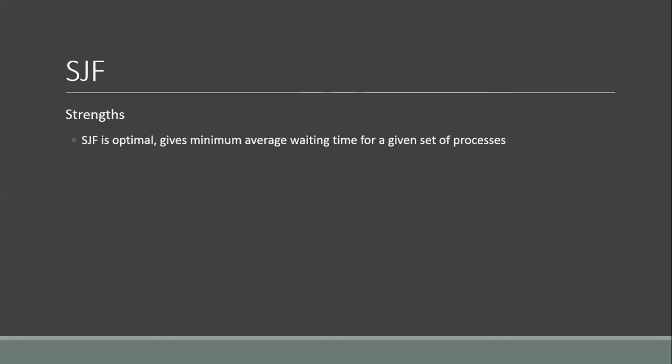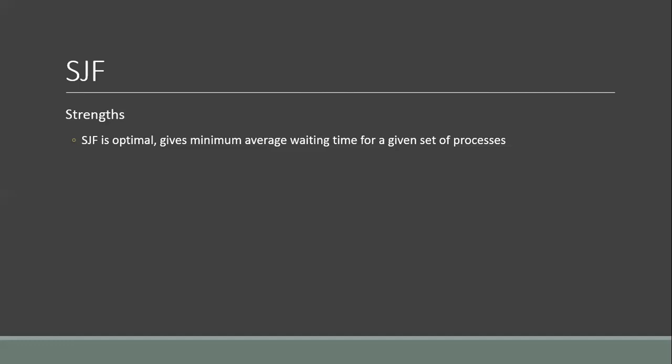In the last lecture, we discussed the FCFS policy, and we discussed that FCFS policy gives a waiting time that is not minimum, that is quite long. So as compared to that algorithm, SJF is optimal. It gives minimum average waiting time for a given set of processes.